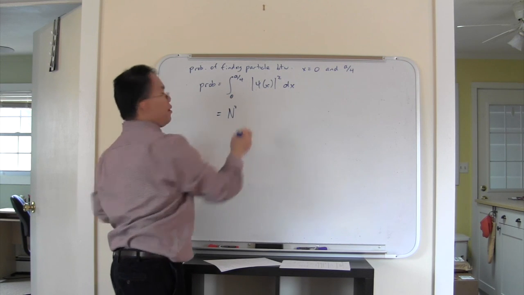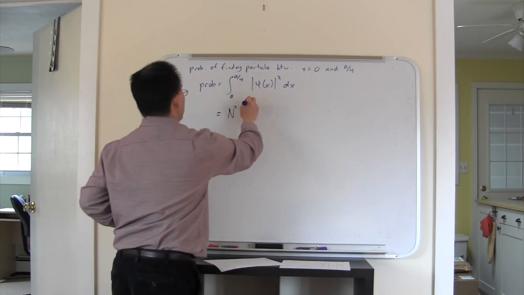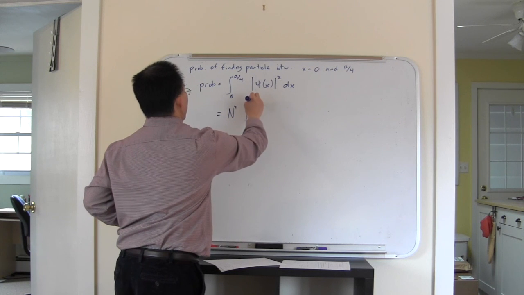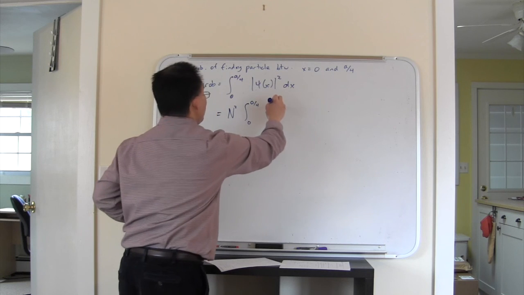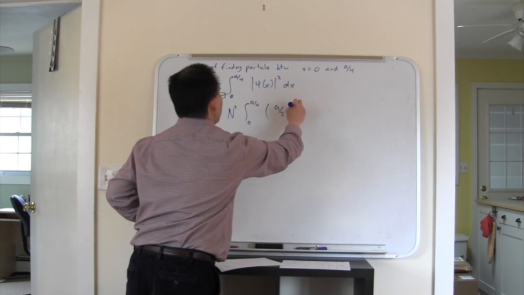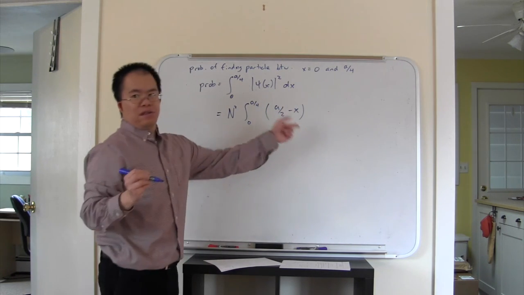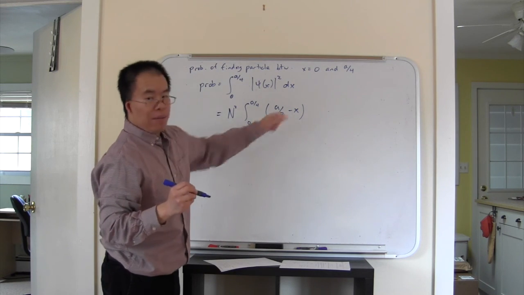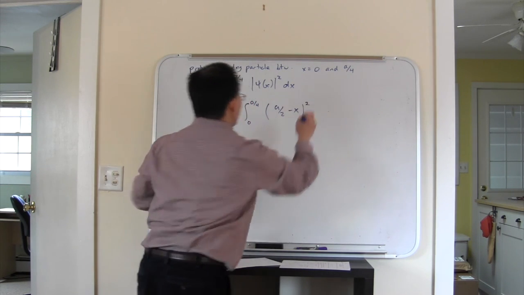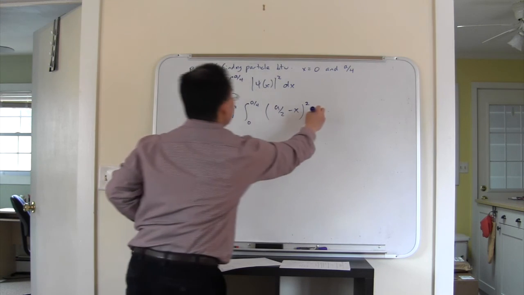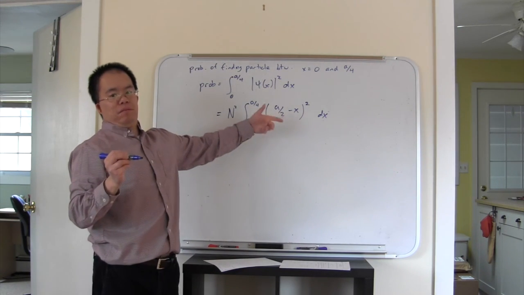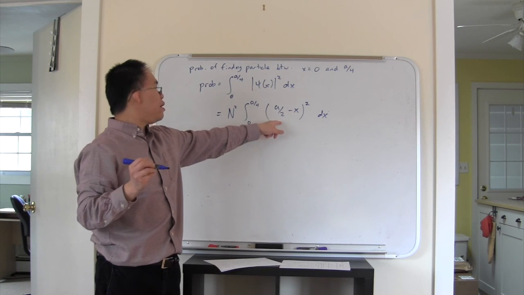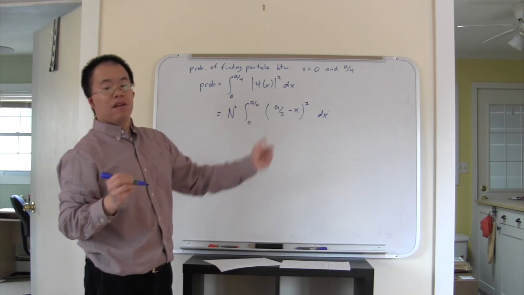So pulling out the normalization constant, we have 0 to a over 4. We have a over 2 minus x. We're on the positive side, at positive x here, so I can drop the absolute value bars, dx. And like I said, we already did the hard work of integrating this, so we'll just use that result.